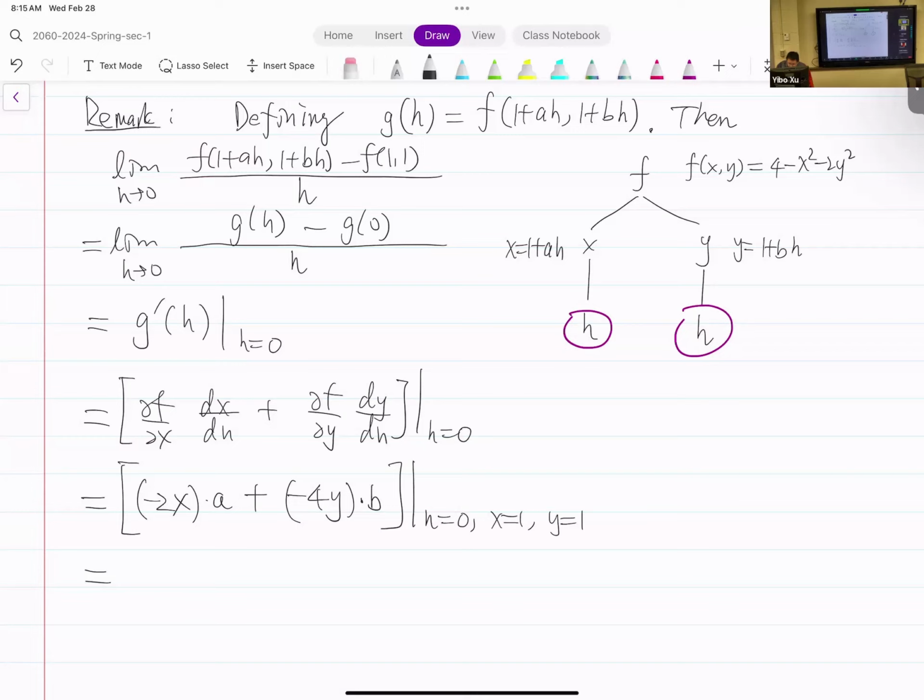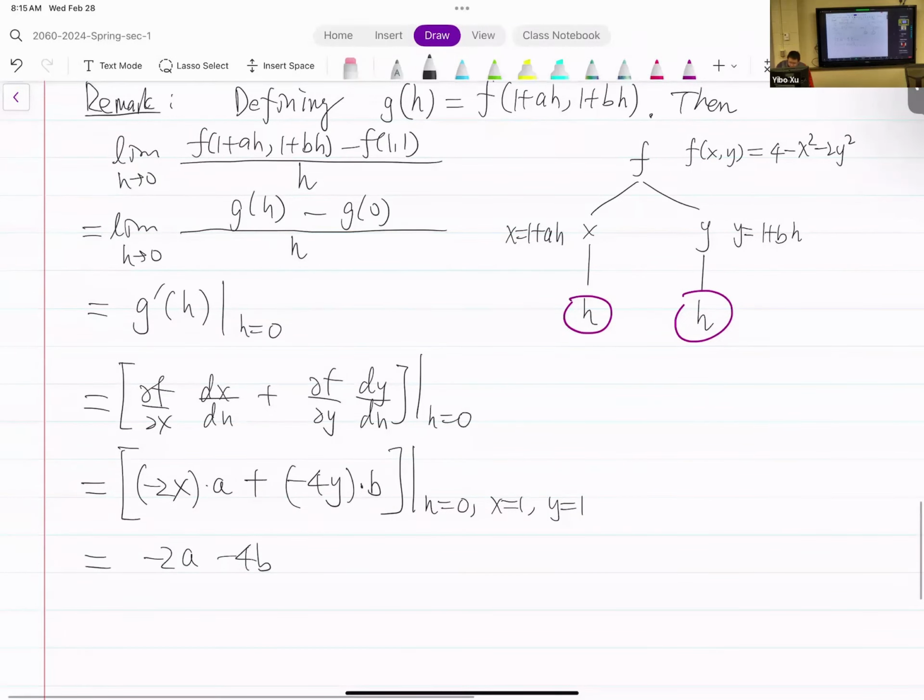So this is exactly negative 2a minus 4b. Now this is a scalar value, but we see that this highly relies on the direction a and b. So a is the x coordinate of the unit vector u, and b is the y coordinate of the unit vector u, right?